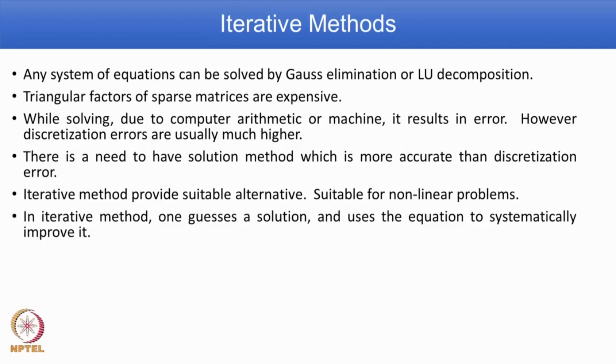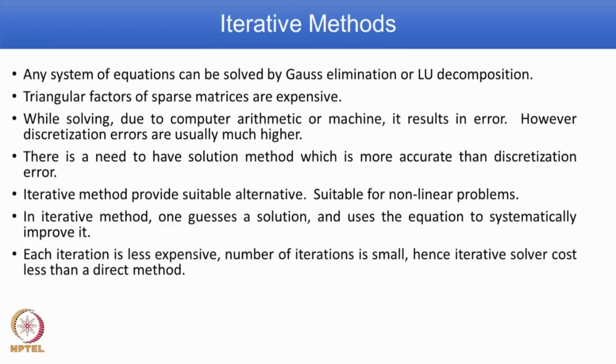In iterative methods, one initially makes a guess of the solution, then progressively improves it to get the accurate solution. Each iteration is less expensive, and the number of iterations required will happen to be small, hence the overall computational time requirement is also less when compared to the direct method.